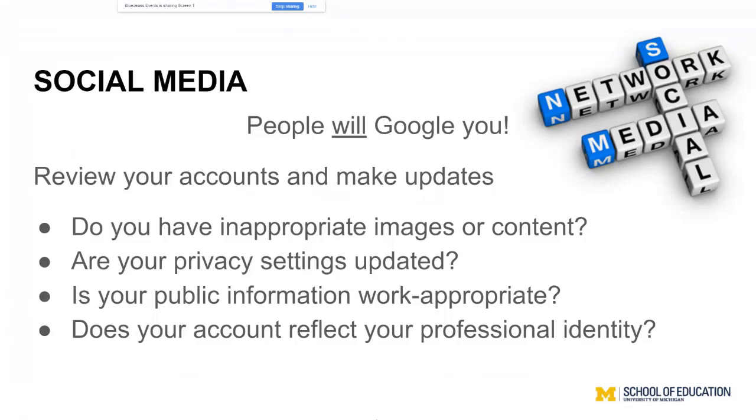So make sure that you review your accounts and make updates. You have to think about what matters to a potential employer, networking contact, or anyone who can help you find a job or grow your career. The goal is to have a professional presence online that accurately reflects your professional identity.